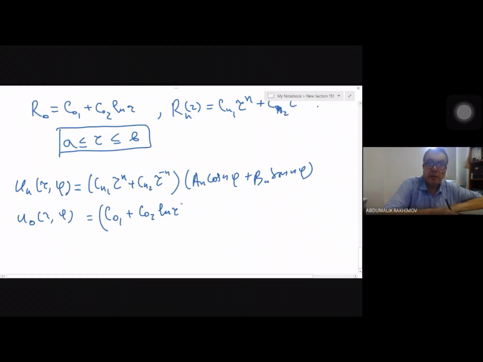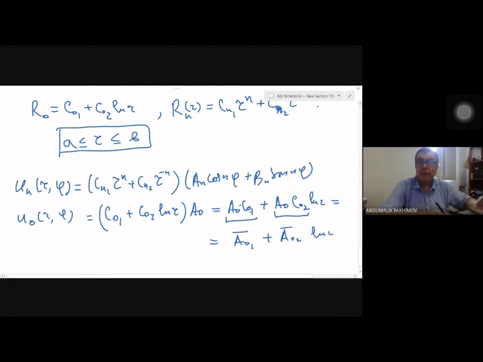It should be multiplied by A0, but A0 is any constant, so I can write it like this: A0 C01 plus A0 C02 ln R. But when A0 is any and C01 is any, then the product is also any constant. So I can write it as A01 cap plus A02 cap ln R. Because A0 is any, C01 is any, the product is any constant, so I denote it by A01 cap.